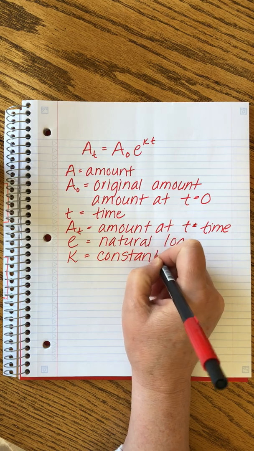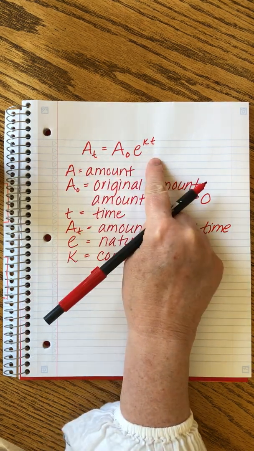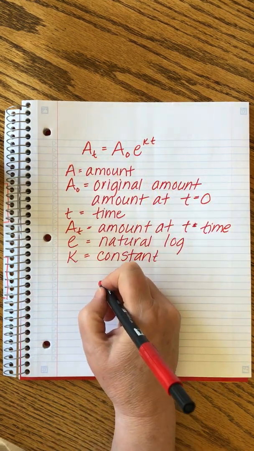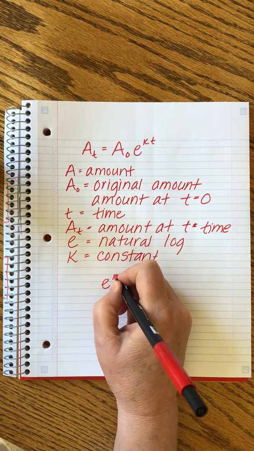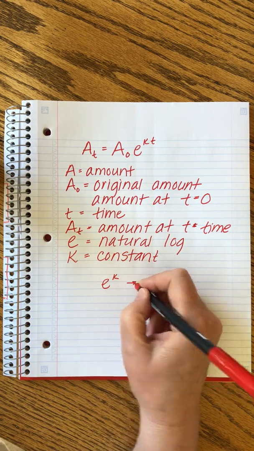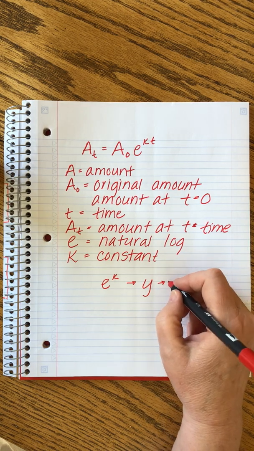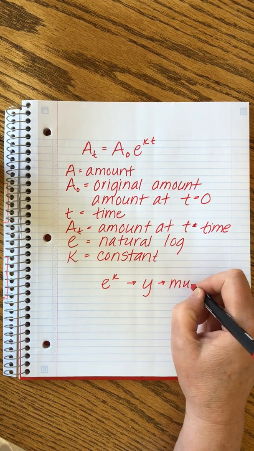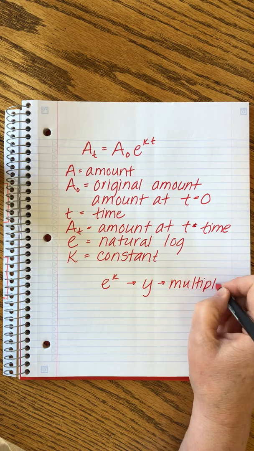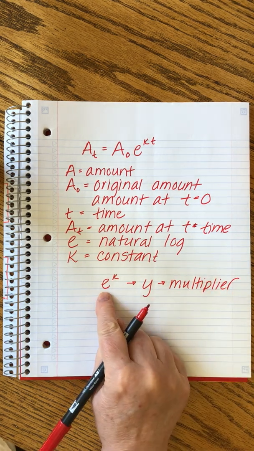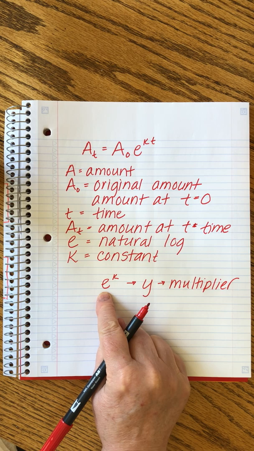When we first looked at this kind of problem last year, instead of using e to the k, we used just y, and we called it the multiplier. This is a more refined way to describe the multiplier.